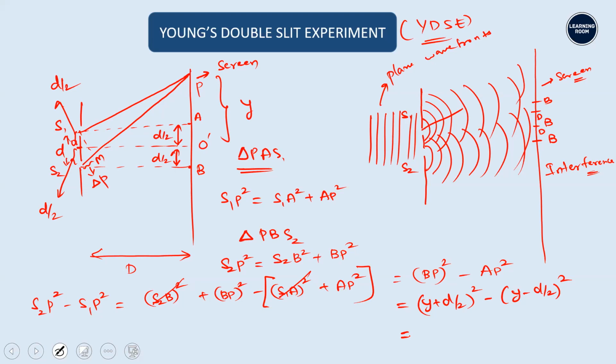So (Y plus D by 2) the whole square minus (Y minus D by 2) the whole square is 4 times AB. So 4 into Y into D by 2 will give me 2Y into D. But remember that you arrived at this 2YD starting from S2P square minus S1P square. So copy it to this.